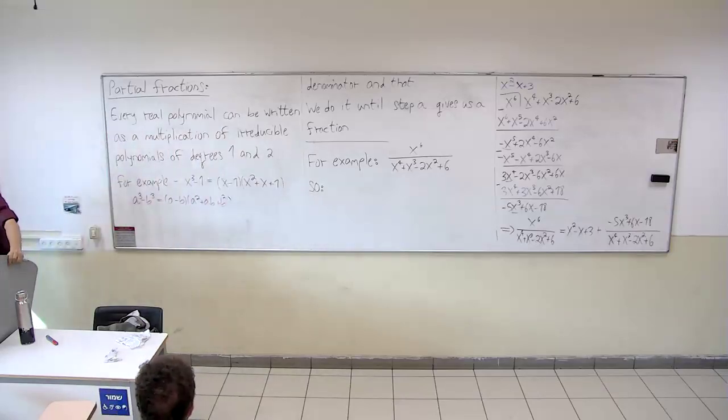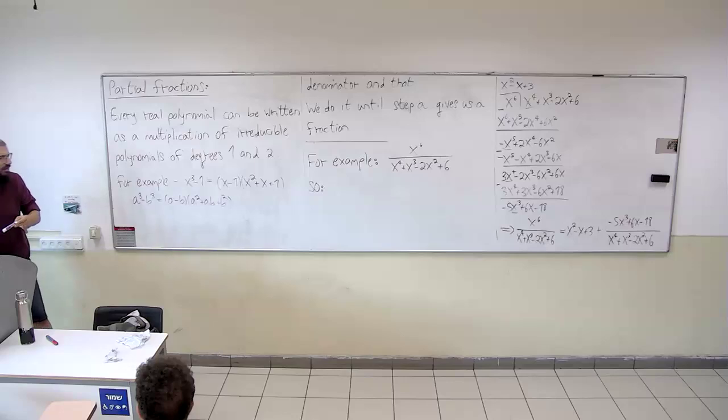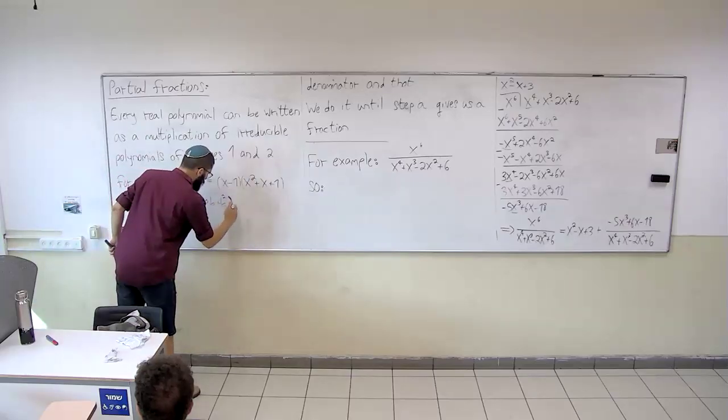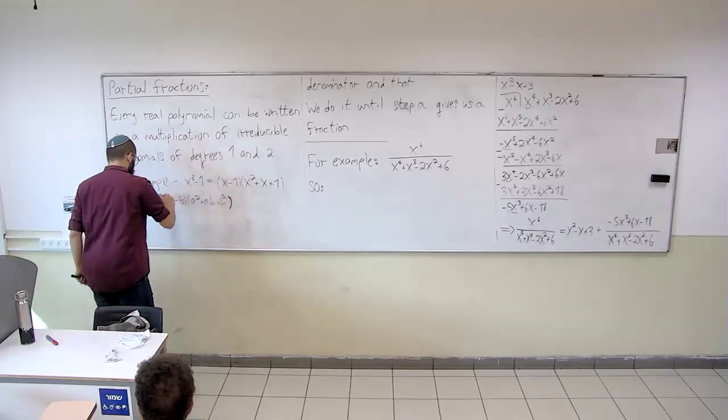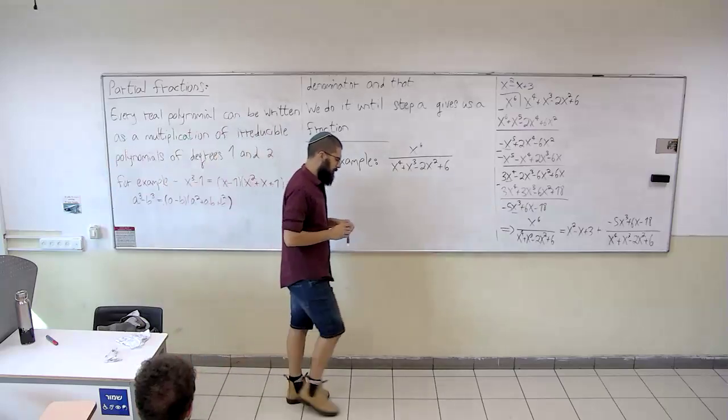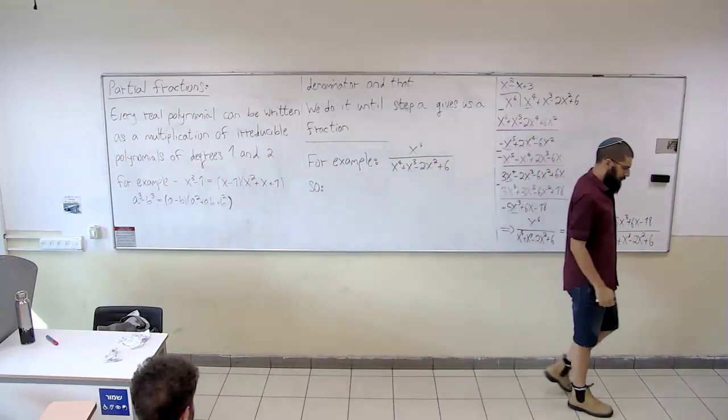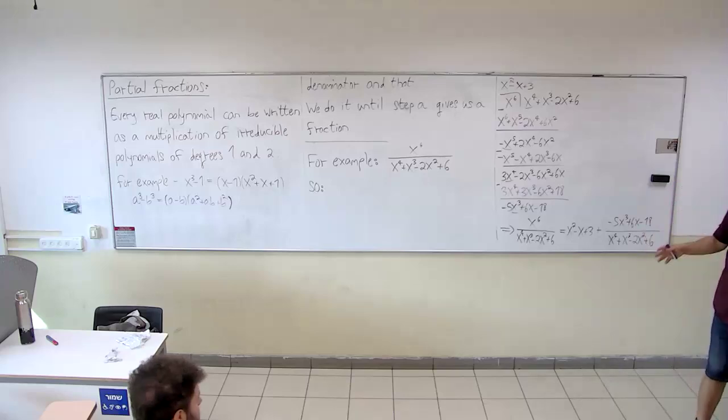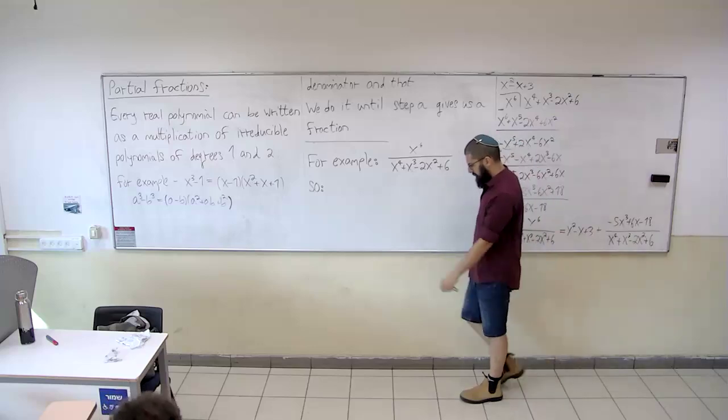What does irreducible mean? Mathematically speaking, that you can't write it down as a multiplication of polynomials of lower degrees, except from one. Yes, one is not considered a polynomial for this kind of method.